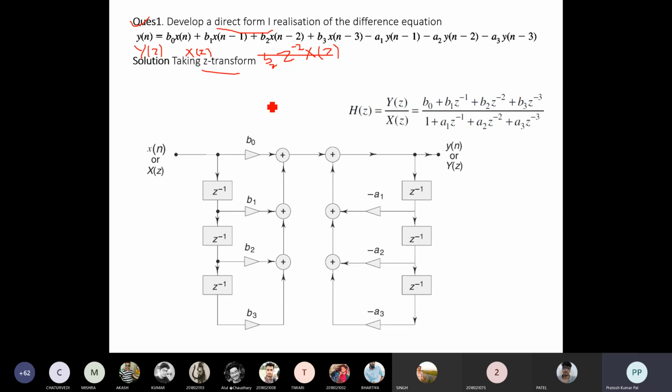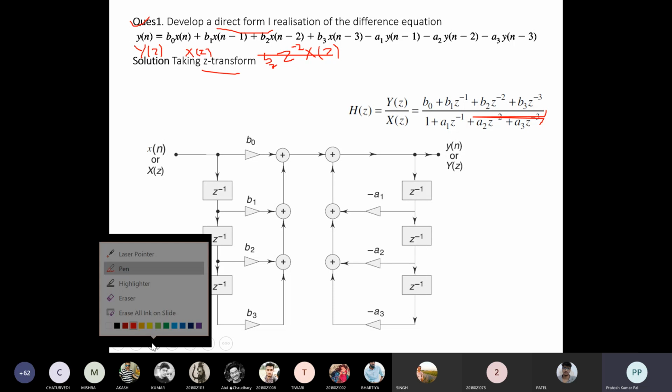This is how the time domain system is converted into the z transform system. Once converted, we separate the Y(z) term and the X(z) term, and divide Y(z) by X(z). Then we obtain the transfer function.